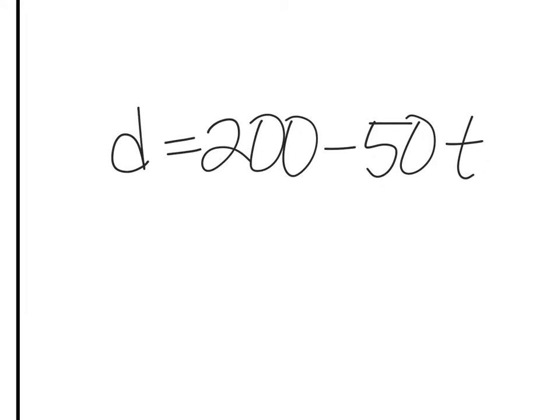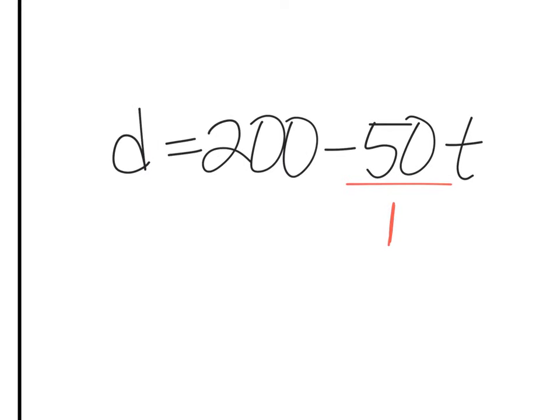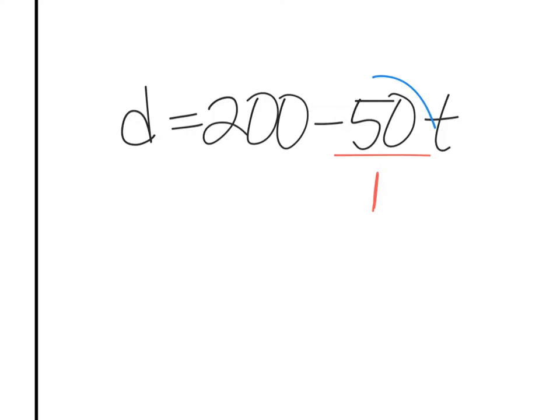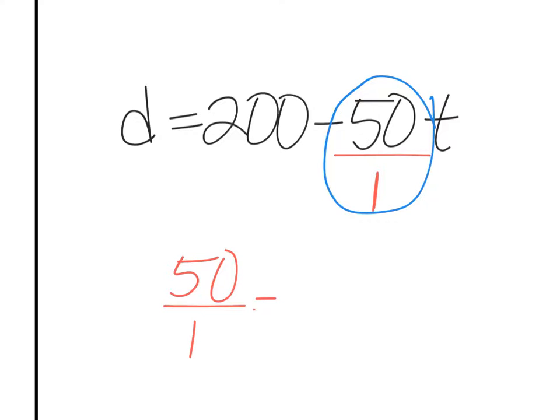We know that the hours need to go at least up to 4 because that's how many hours it's going to take. But here's another way you can do it. So how can I make my slope into a fraction? Over 1. Over 1. This tells you how you should have your x and y axis change. So if you look at your slope, it's 50 over 1, change in y over change in x.